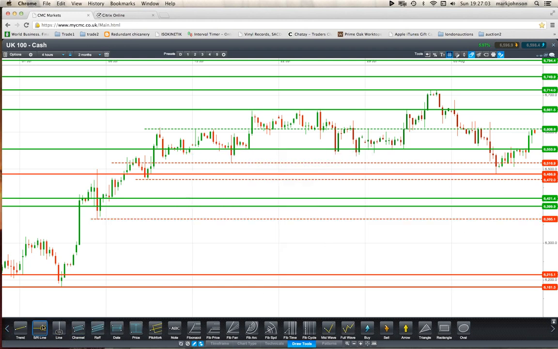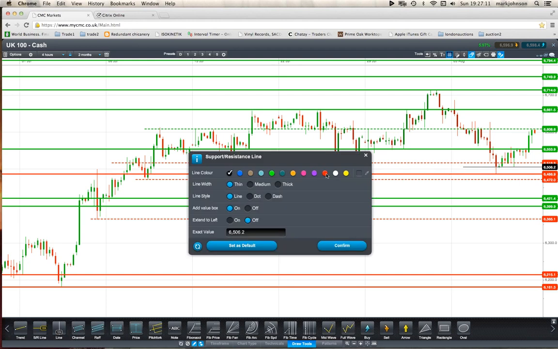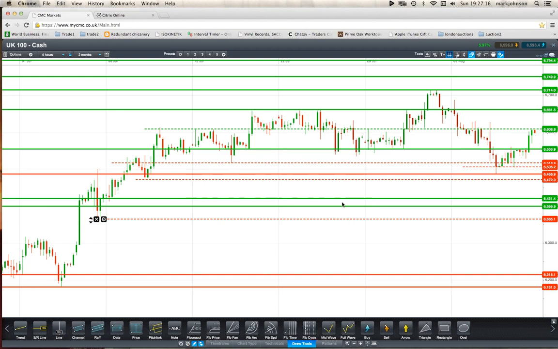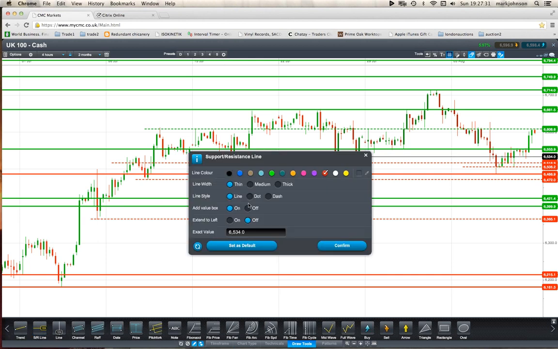So can you see how the chart actually builds up? There's some little support levels here between the 22nd and 29th of July. Now I like these.